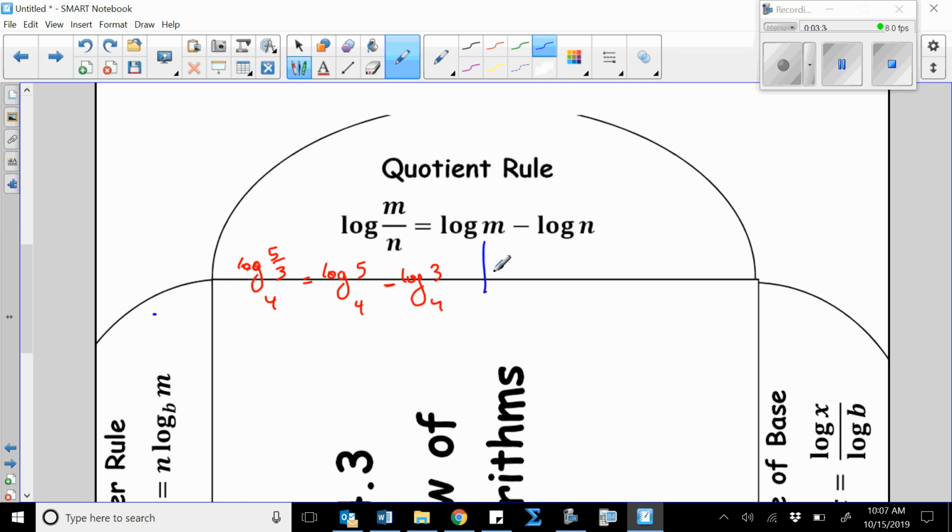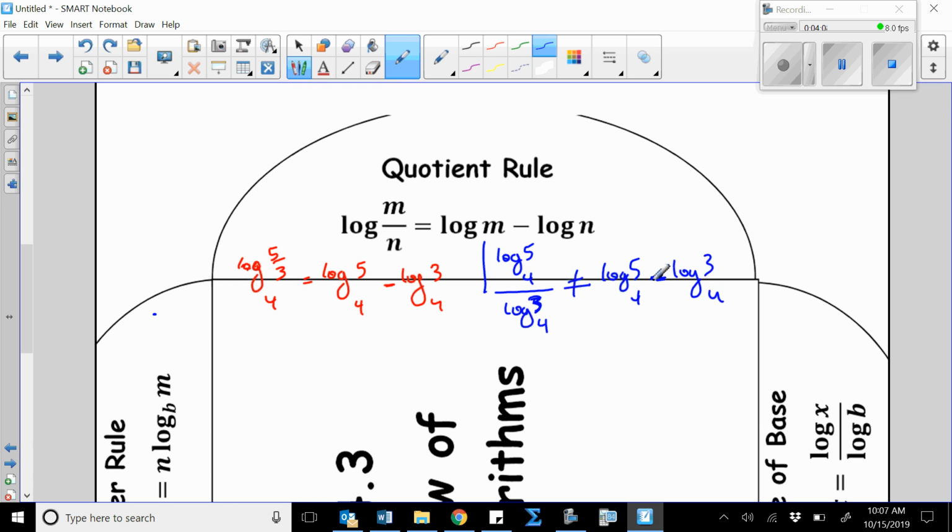Again, we need to be careful about the mistakes that we might make here. If you have log of 5 base 4 over log of 3 base 4, this cannot be equal to log of 5 minus log of 3 base 4.